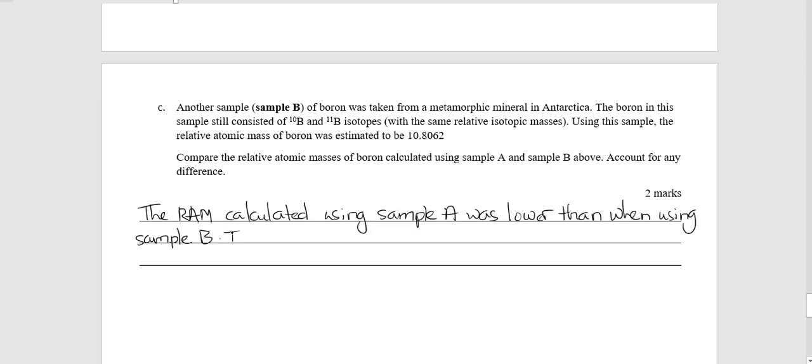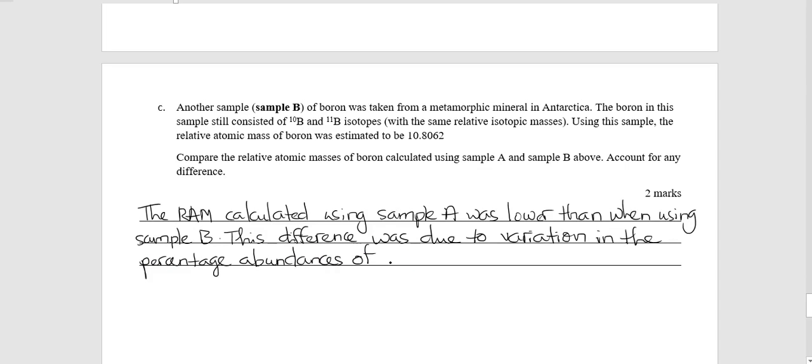So this difference was due to variation in the percentage abundance of the two isotopes in the two locations.